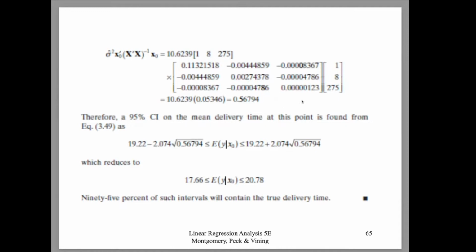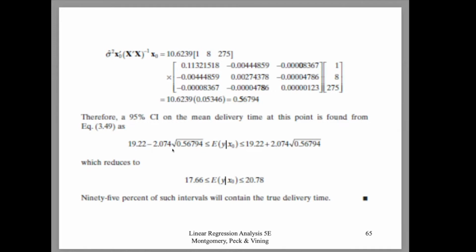All right, but when we do that, we get a value of 0.56794. And so the estimated variance of the point estimator, which gives us a point estimate of 19.22, the estimated variance of that estimate is 0.56794. So we take the square root of that to get the estimated standard error, multiply that by the t-value.